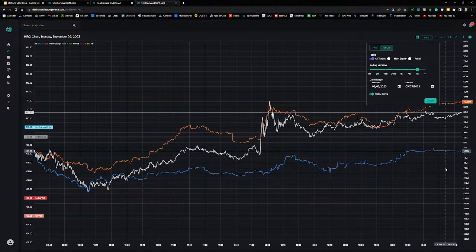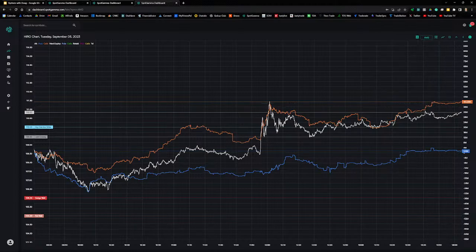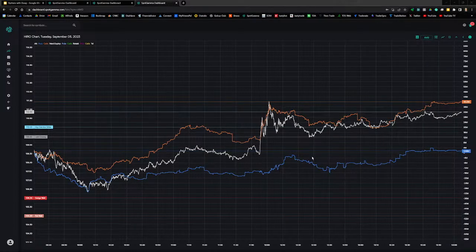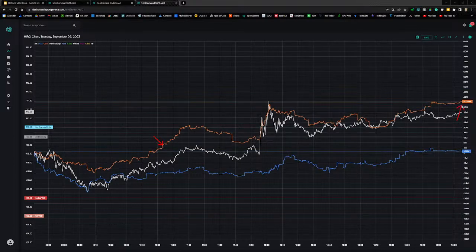So call buyers are really driving price action in AMD today. Calls are shown with the orange line, rising orange line. That's positive delta, indicating traders are buying calls. That's also confirmed with the positive notional value here.